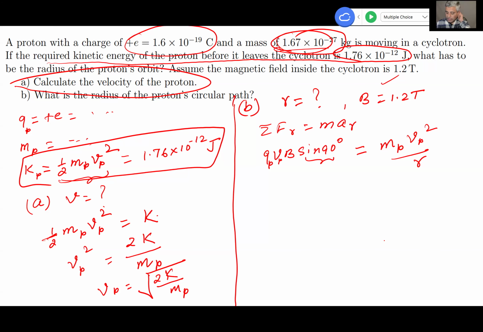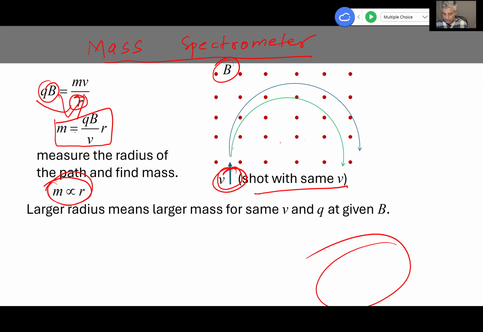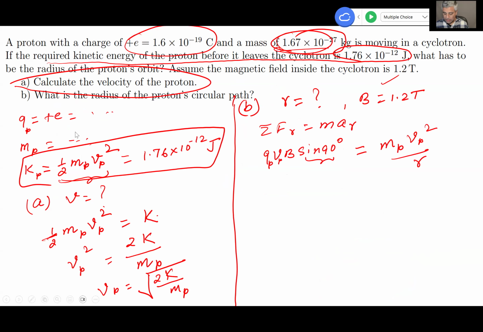So we want to solve for radius. Basically it is the same equation we had before, where we solved for mass; here we are solving for radius. So this q and B just come down here.